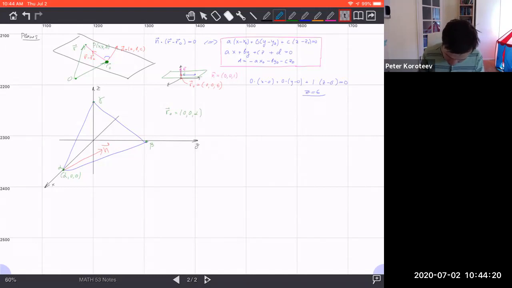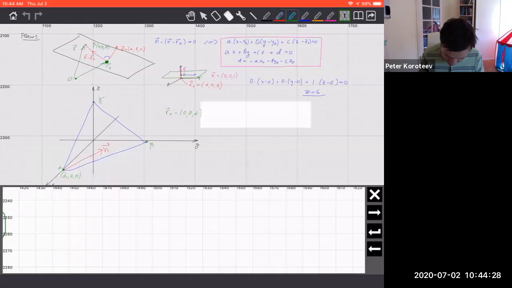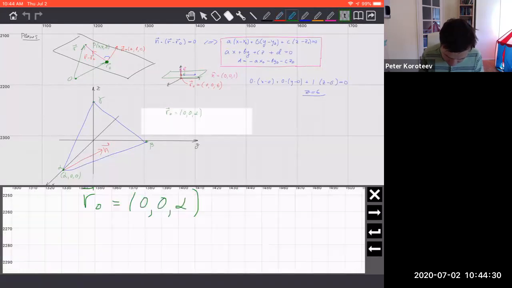One vector connects points alpha and beta, and the other connects points alpha and gamma. So our n vector is equal to vector alpha beta cross vector alpha gamma.